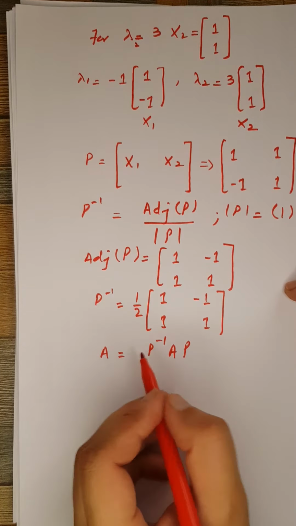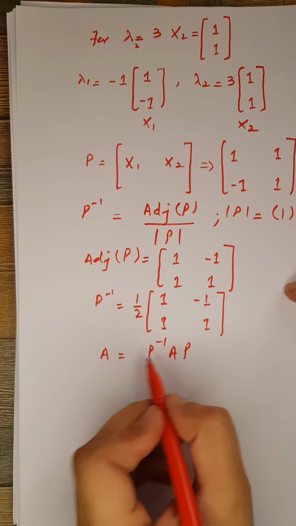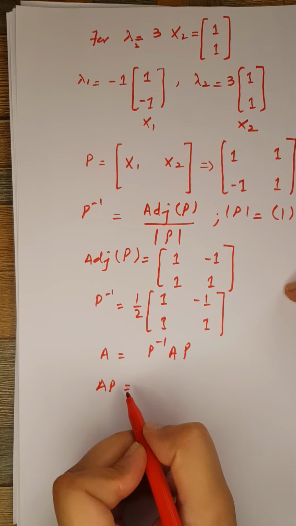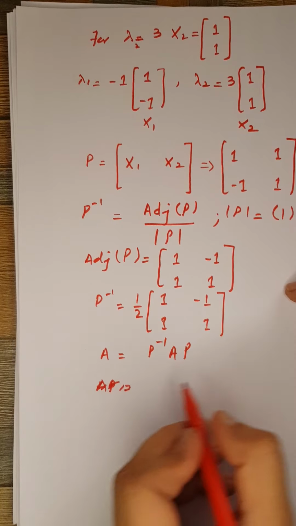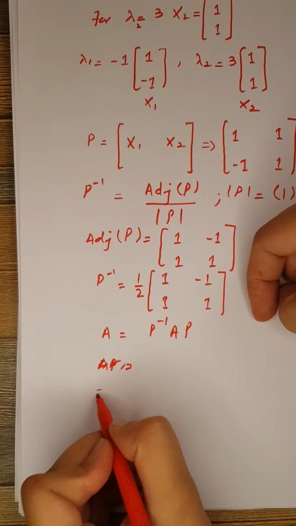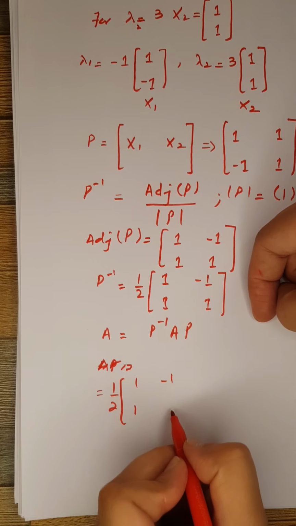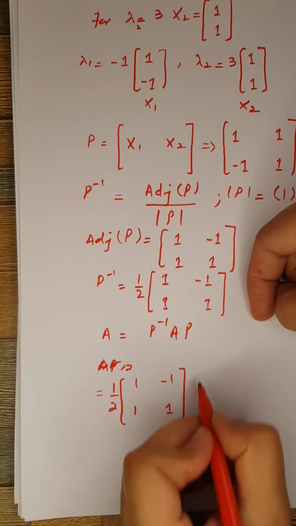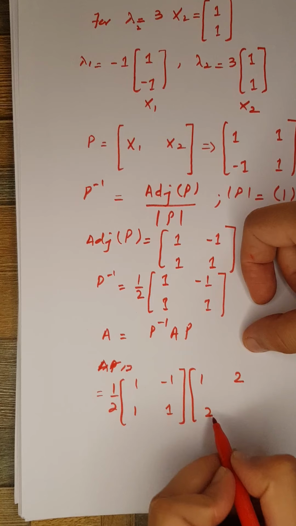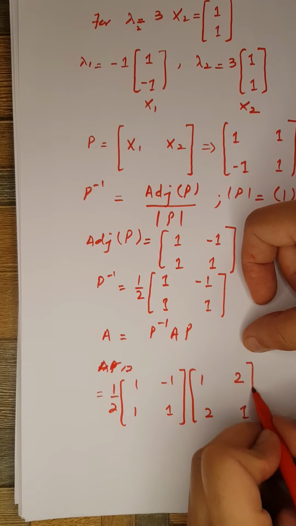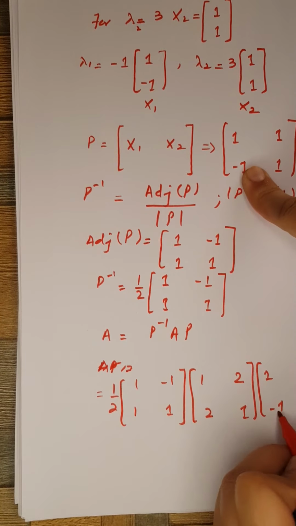So, to eliminate P inverse, I can multiply by P on both sides, or you can also just simplify this using the same formula. Let me just do that. P inverse is equal to 1 over 2, 1 1 minus 1 and then 1. Then A, what is A? A was equal to 1 2 2 1, and then you write the matrix P, that is equal to 1 1 minus 1 and 1.